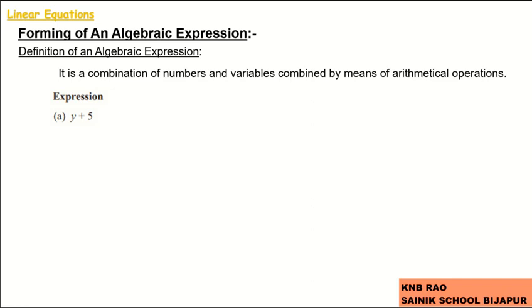You can note down these as examples: 1, y plus 5; 2, t minus 7; 3, 10a; fourth one, x by 3 or x divided by 3; fifth one, minus 5 times q; sixth one, 3x plus 2; and at last, 2y minus 5.